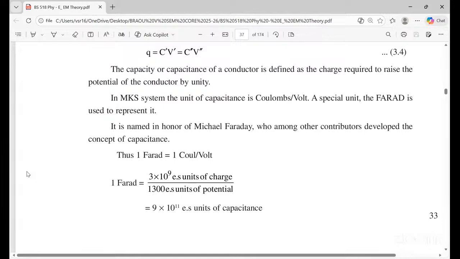That was proposed by Michael Faraday, and on his name only we are honoring it here. There is another contribution he made toward the concept of capacitance. So Q by V, which is the farad unit, is named on his name.